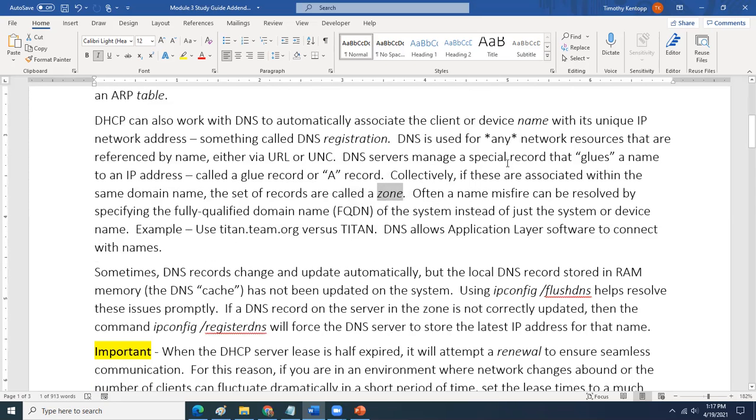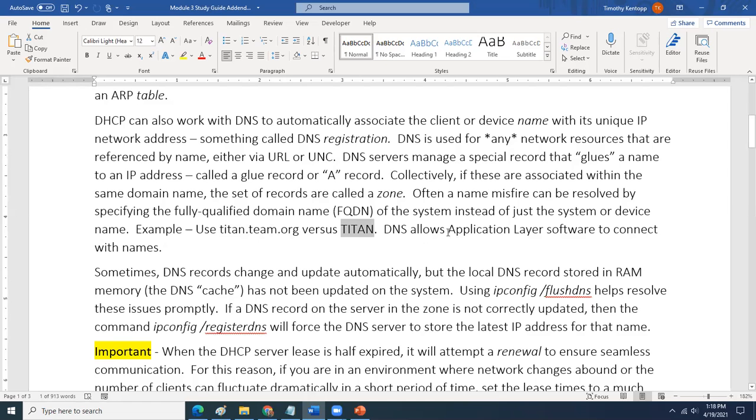Oftentimes, when name references are used to create access for named resources across a network, there can be simple misfires that are resolved by specifying what's called a fully qualified domain name. If you had a server named Titan and it was part of team.org, you specified titan.team.org versus Titan.